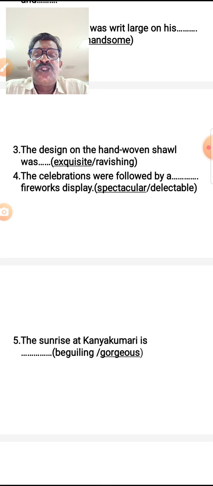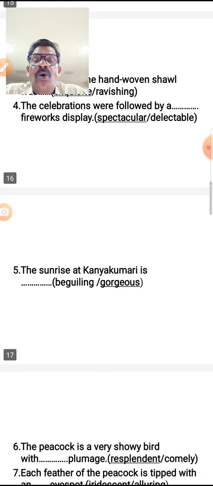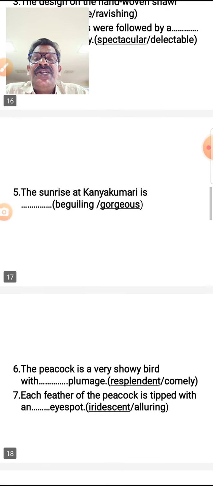August is going to come. On 15th we are going to celebrate our Independence Day, where we generally use fireworks for display. The show of that firework display is known as spectacular. Right.